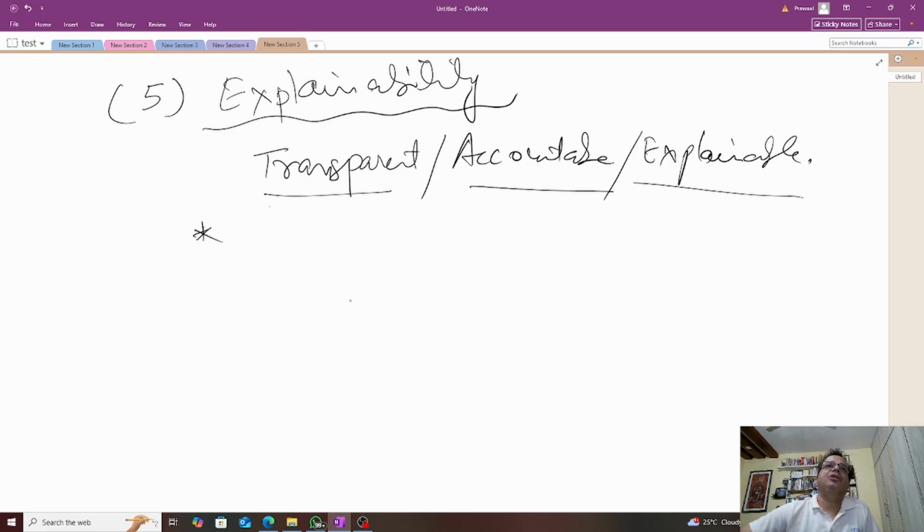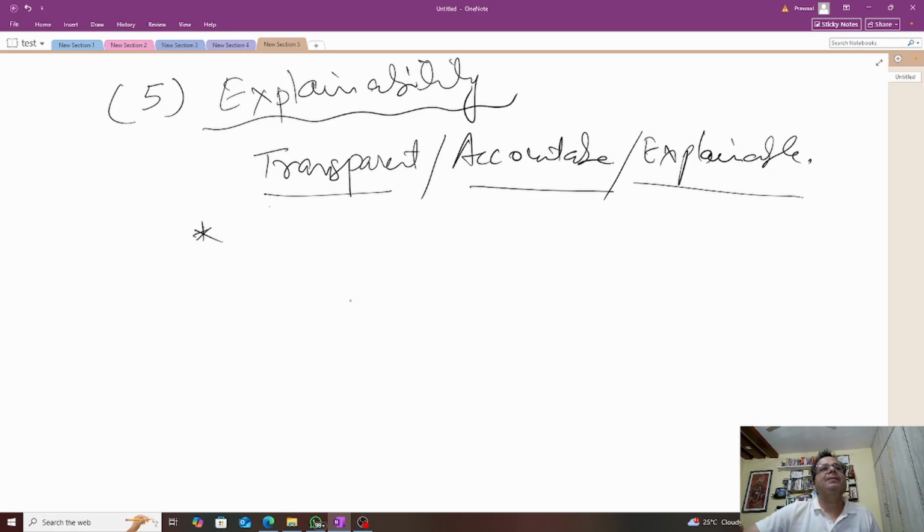We have spoken a lot about explainability and interpretability, but models have to be transparent and explainable, and that's the reason a lot of people, especially in the financial sector and healthcare, prefer simpler models like decision trees and random forest rather than neural networks, LLMs, etc., because those are very hard to explain.